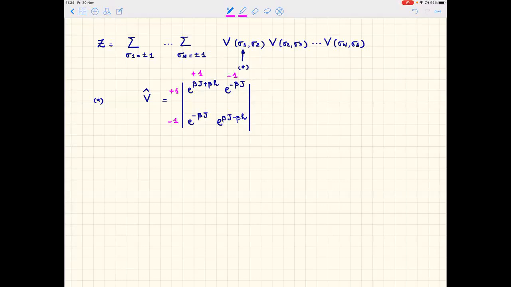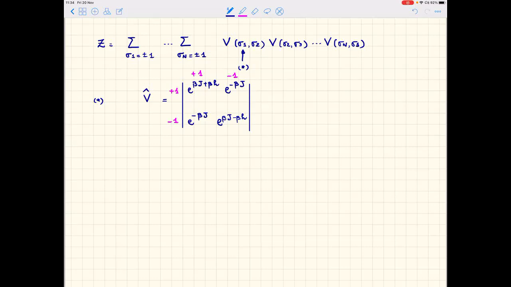Yes. Is it because of the summation? Well, I can see it as a matrix always, right? And the reason I can see it as a matrix is that my variables have discrete values. So my local phase space on each lattice site is a discrete set. And therefore I can see this object here as a matrix.